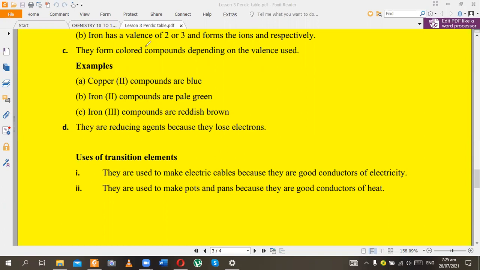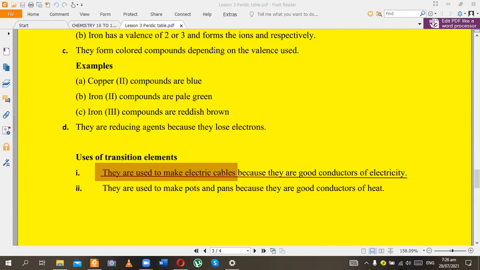So look at this one here. It says they are used in making cables. So there are 2 things here. One, there is a use: they are used in making cables, and then they have also added the property that supports that.